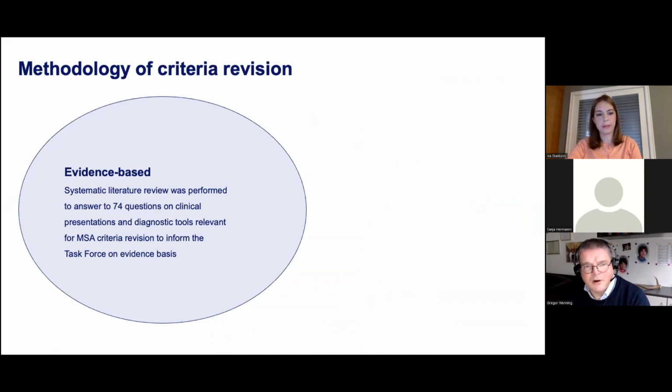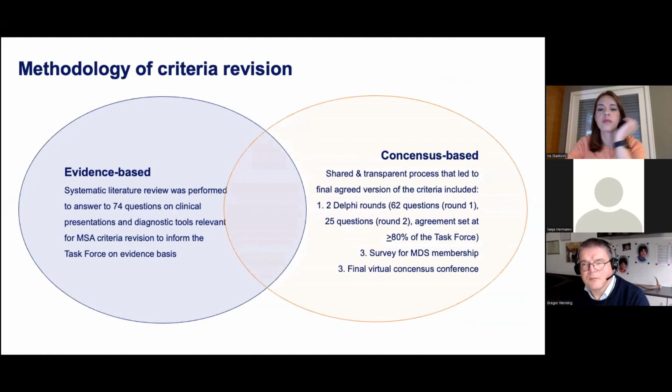Questions on clinical presentation and diagnostic tools that were relevant were identified. And we achieved consensus by a process that included 2 Delphi rounds with a certain number of questions and also a survey of the entire MDS membership. And it was concluded by a final virtual consensus conference.